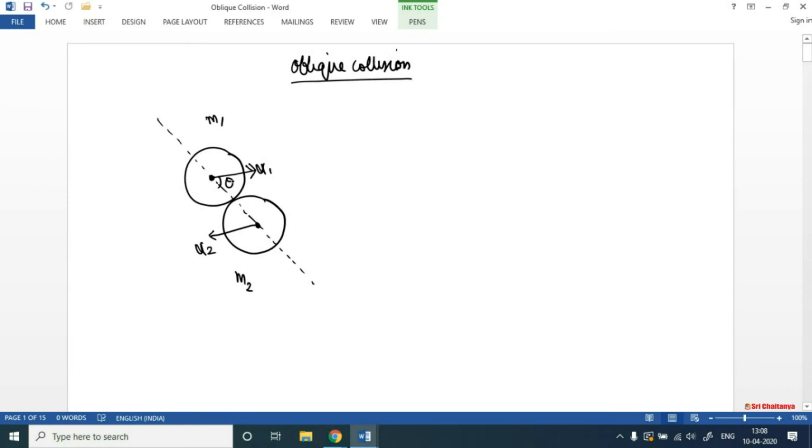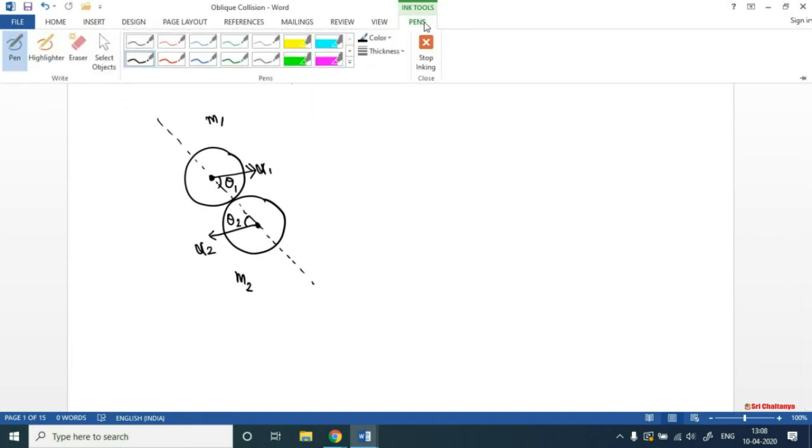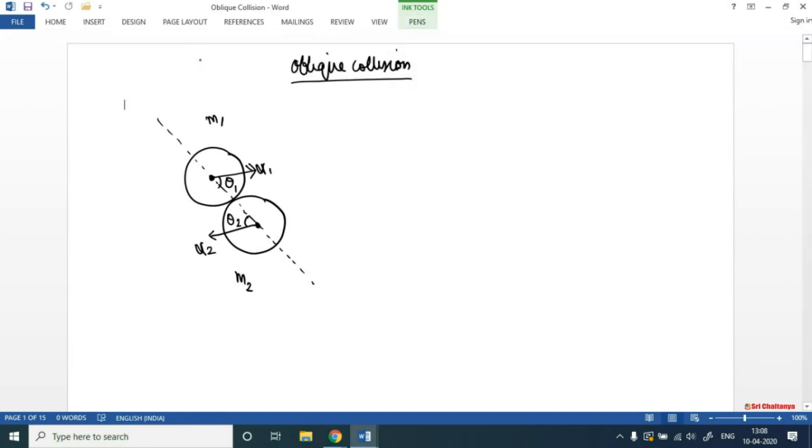Let's say this angle is theta 1 and this angle is theta 2. So this is the condition before the collision. We want to find out the condition after the collision. So let me use some other color pen over here.